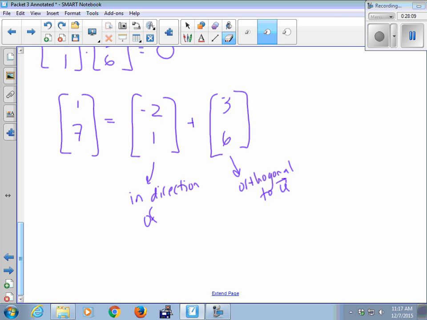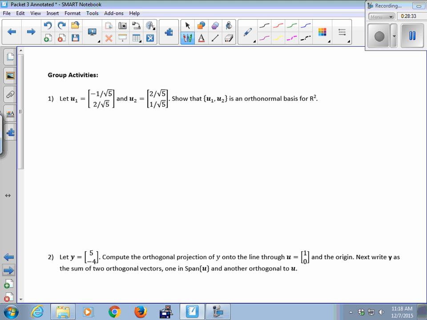Does that kind of make sense what we're doing? We're making a new x-axis and y-axis and breaking our vector down into the direction of u and a perpendicular to u. Okay, that's it. You can work on some now on your own.